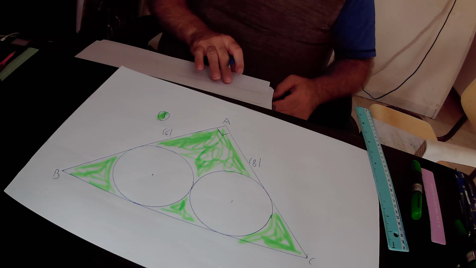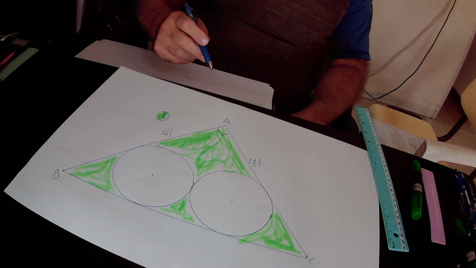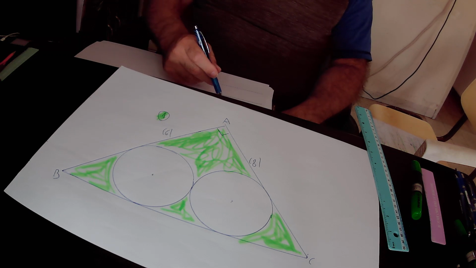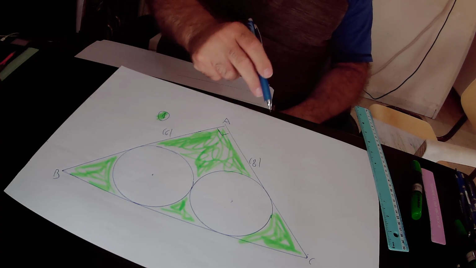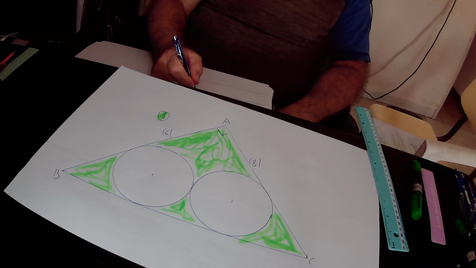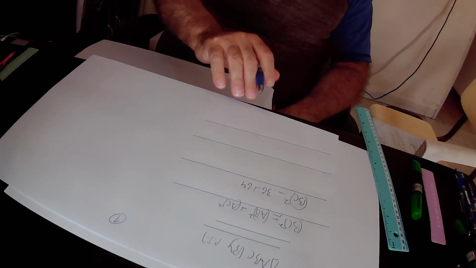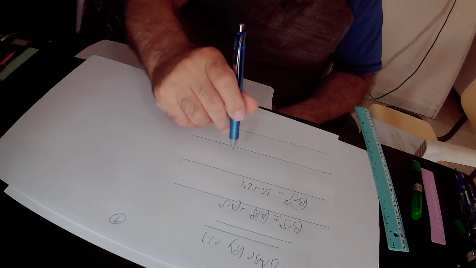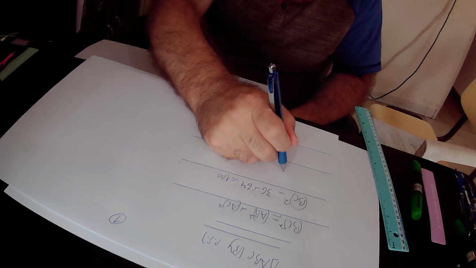BC squared equals AB squared. AB is 6, therefore AB squared is 6 squared, that is 36, plus AC squared. AC is 8, therefore AC squared is 8 squared, that is 64. So BC squared equals 36 plus 64, that is 100.